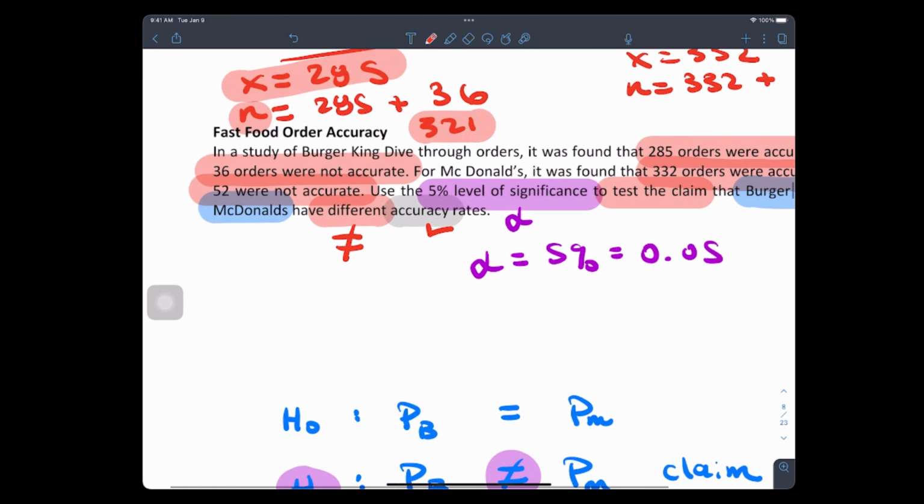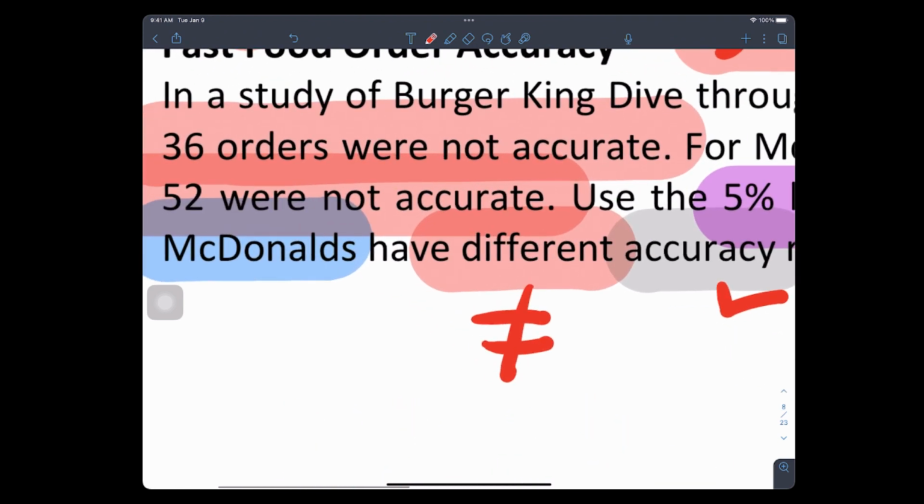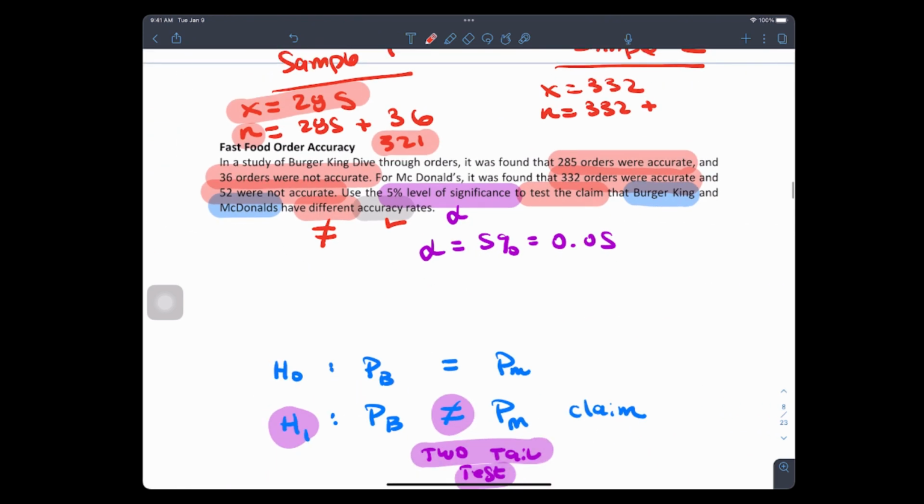How many are not accurate at Mickey D's? 52. I wonder what that total is. 332 plus 52. I don't have to use a calculator. I think that's 380 what? 4. Can you guys do that arithmetic? 332 plus 52, that's 380 plus 4, 384.